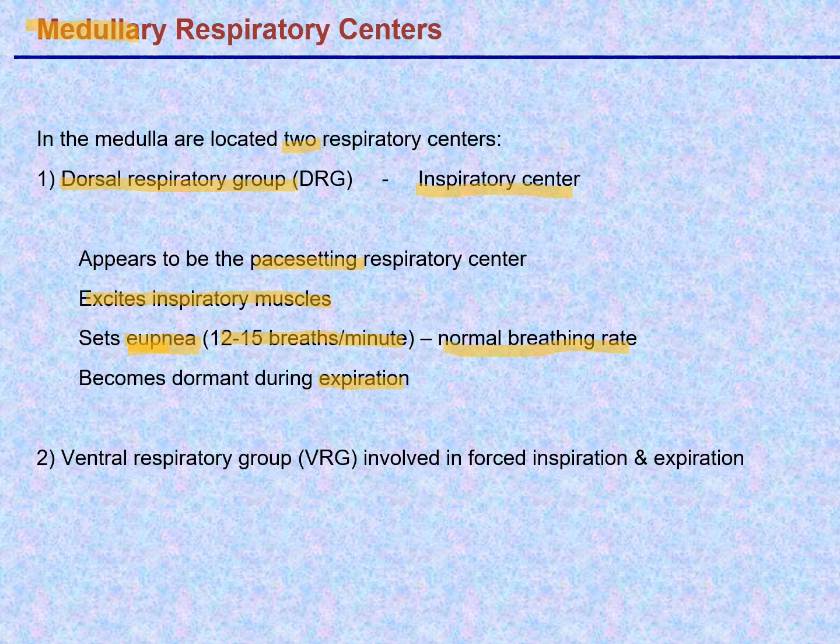So you get turning on of action potentials coming out of the inspiratory center, depolarizations and action potentials triggering breathing, and then when you stop inhaling, when you start to breathe out, that decreases in activity.